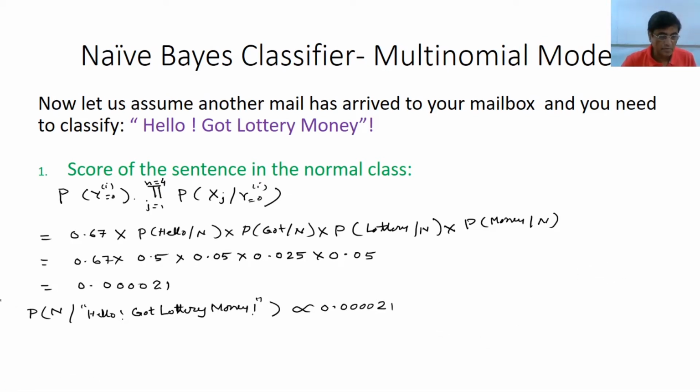Similarly, you calculate the same thing for spam: hello, got, lottery, money.